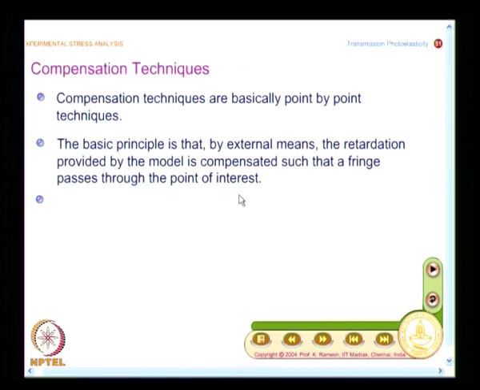So, the moment I come to compensation technique, first, it is a point by point methodology. Second, whatever I compensate has a sign attached to it. Do not confuse this with the sign of the total fringe order. These are two different issues, because such confusions can come.